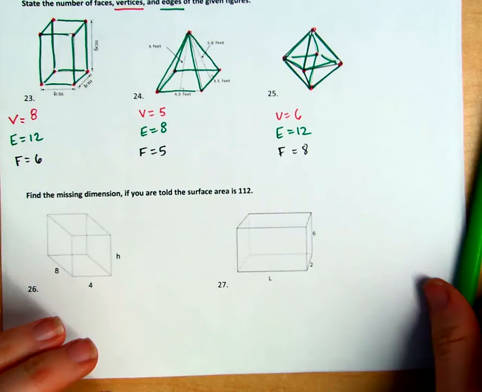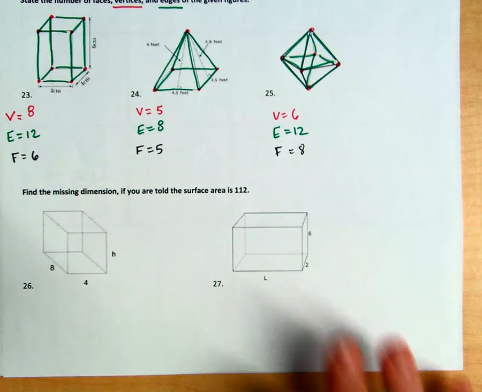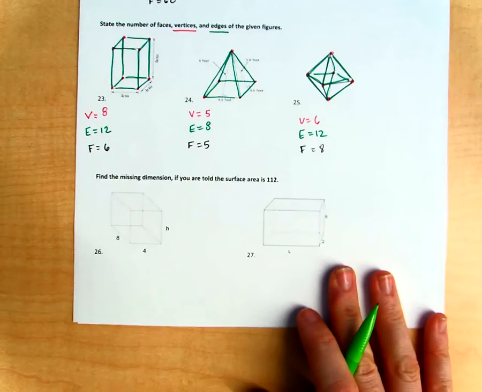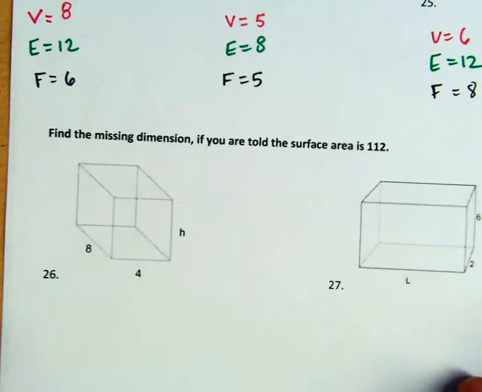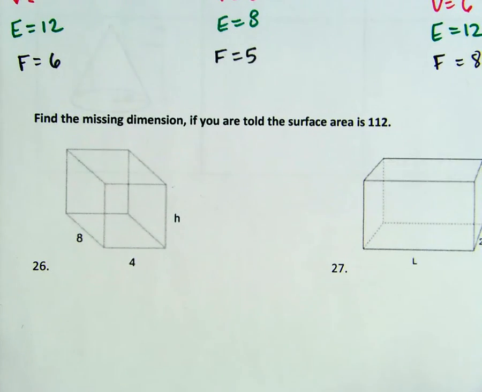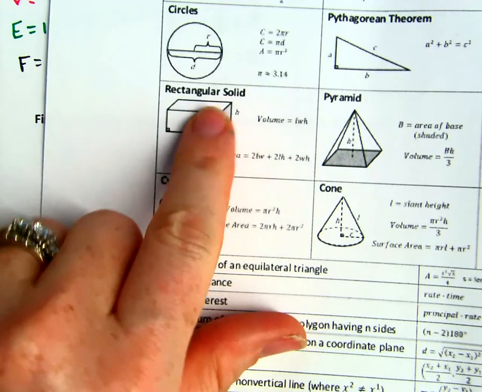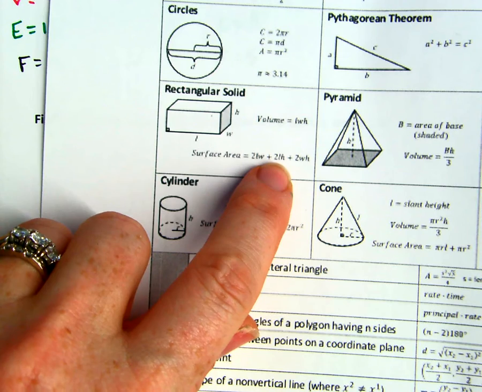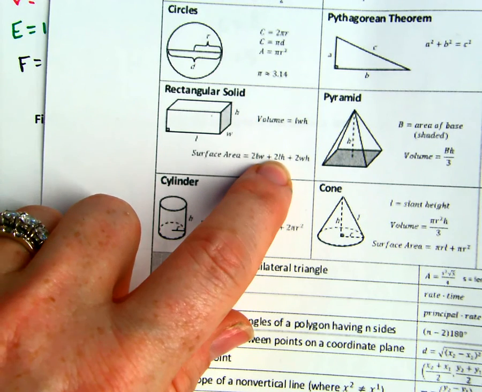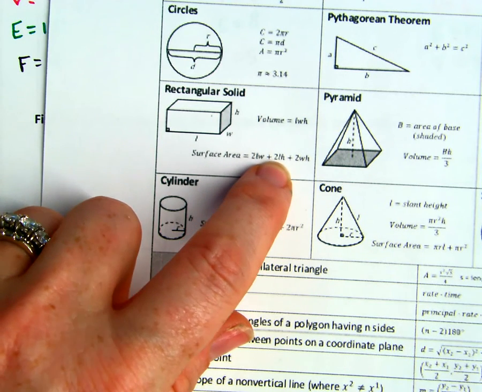Okay, so we're wanting to talk about the rectangular prism and its surface area. We can reference our formula sheet, go to our rectangular solid and go to surface area, which is 2 times length times width plus 2 times length times height plus 2 times width times height.